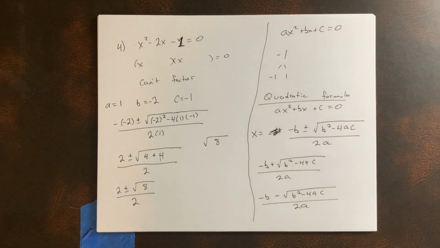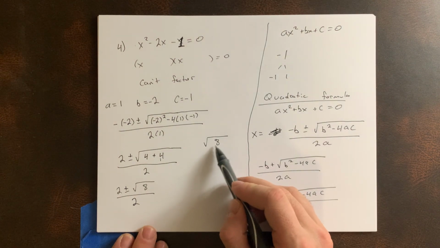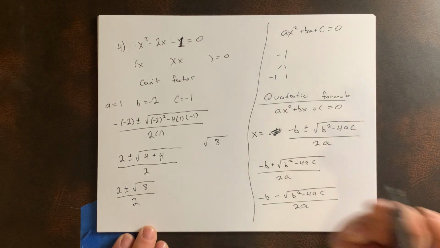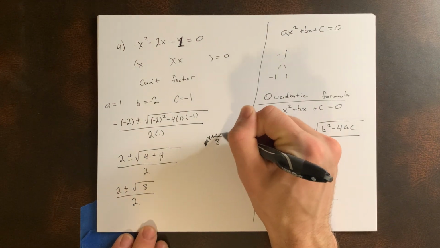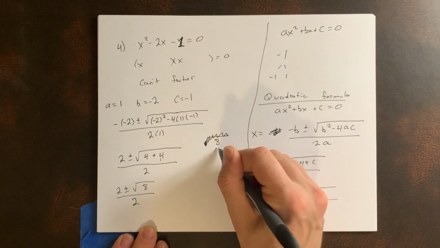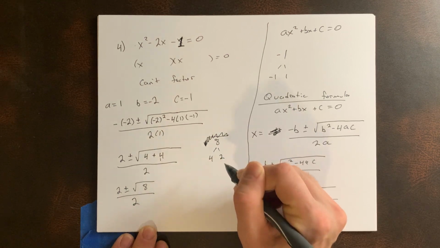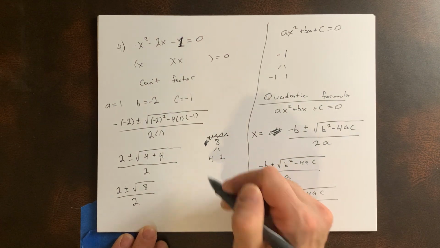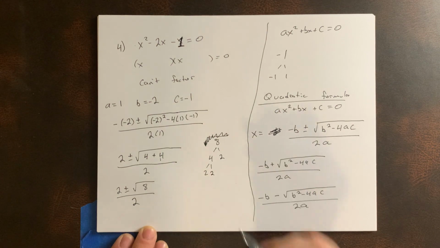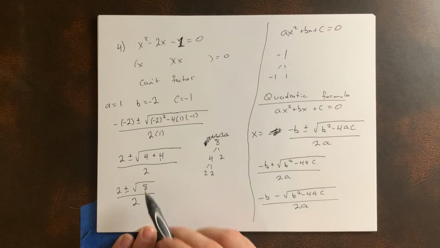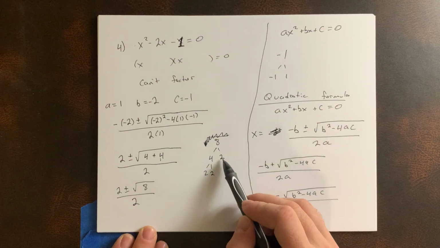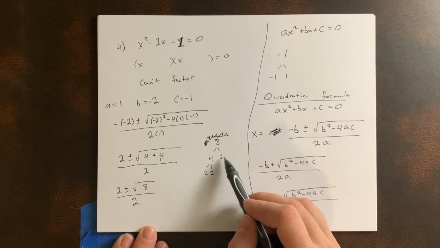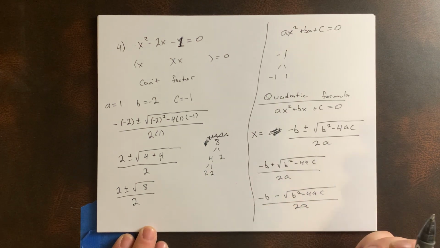Remember, when we want to simplify a square root, we want to break 8 up. 8 can be written as 4 times 2, and then 4 can be written as 2 times 2. When we take the square root of 8, we look at all these little branches we made. We have a 2 at the bottom of each little branch. There's a 2 here, a 2 here, and a 2 here.